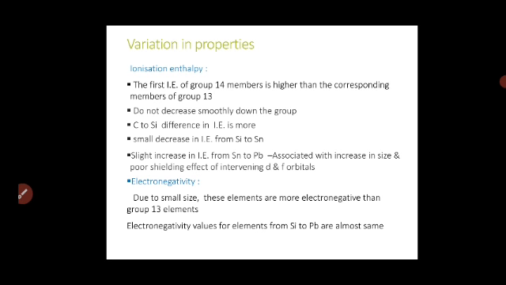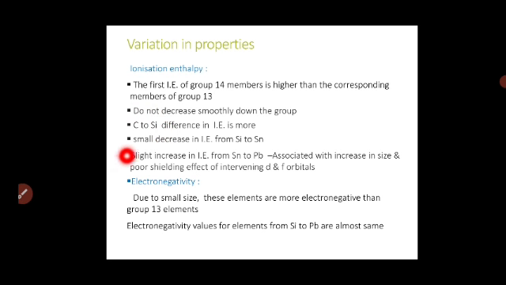Now how does it decrease down the group? Again, as we have seen, the size increase from carbon to silicon is large, therefore the ionization enthalpy difference is also large. Meaning for carbon it is very high and for silicon it is very low.